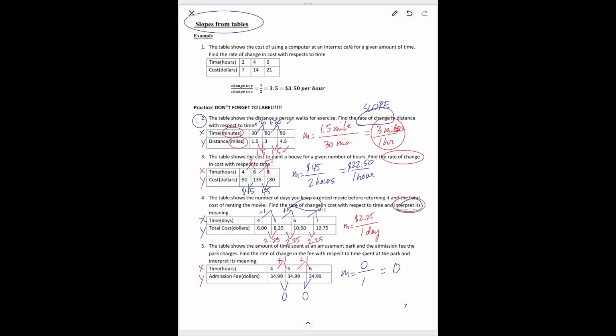And then once you're in the park, you're done. You're not paying any more. That just means it's a fixed fee to get in. So now that's a little tricky, but that's true. Usually when you go to a park, you have to pay the admission fee, and sometimes you have to pay for each ride, but the admission fee is fixed, so it doesn't change, which means that the slope is 0.